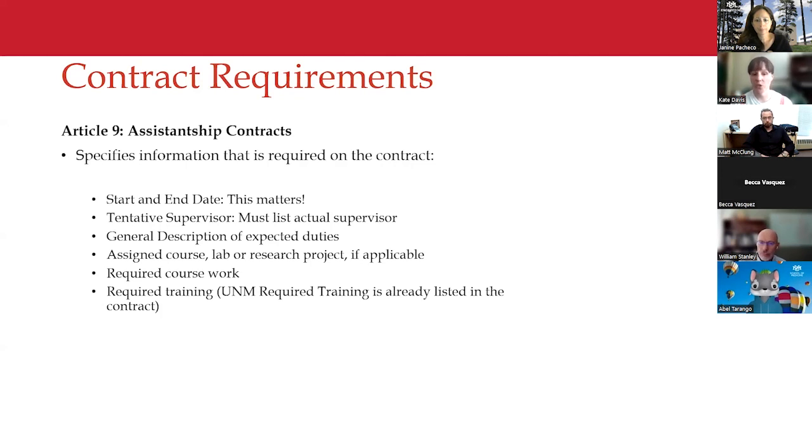Also, what required coursework is necessary for the contract. And then if there's any required training, you can also put that in there. There is UNM required training that's already listed in the contract itself that's generated through the system. If there's additional training, you can always just add that into the description section, and that's perfectly fine.